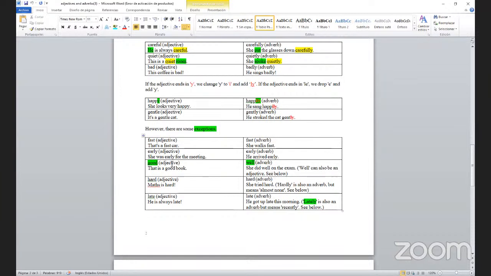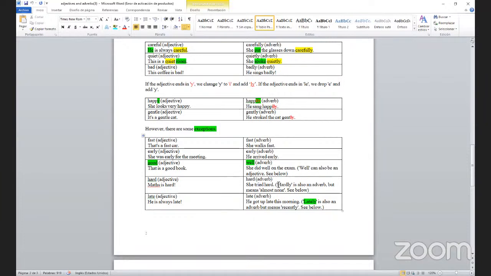So, adverb, adjective. Hard and hard. Difícil. Math is hard. Matemáticas es difícil. She tried hard. Ella intentó bastante o fuertemente o duro, for example.